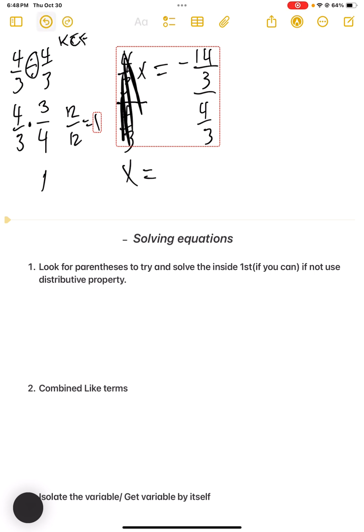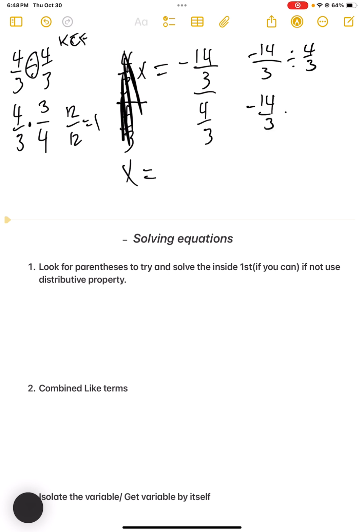So now I have to do the same thing on the other side. So that would be negative 14/3, once again divided by 4/3. But then I do keep, change, flip. So that's negative 14/3 times 3/4.